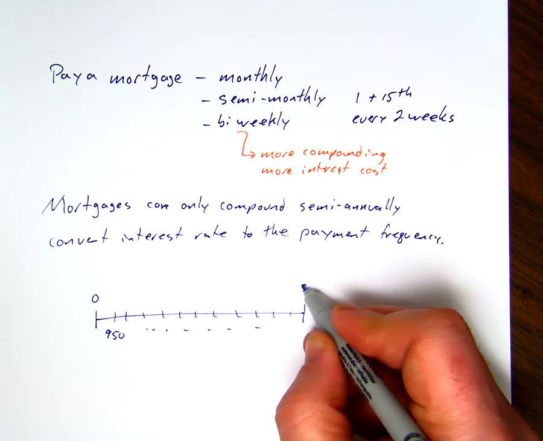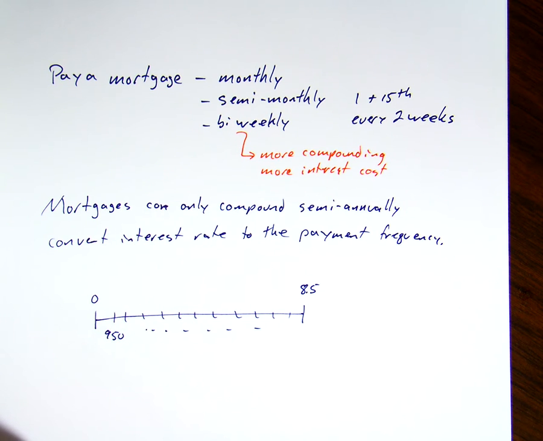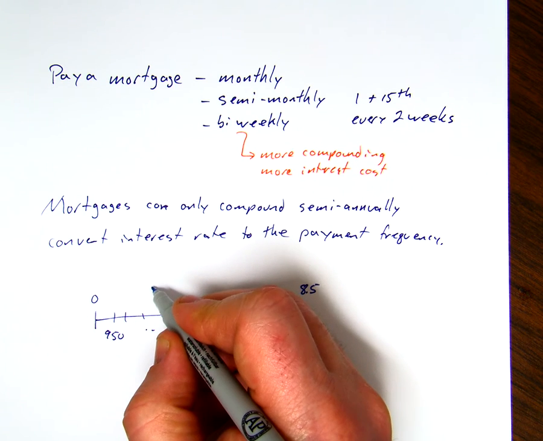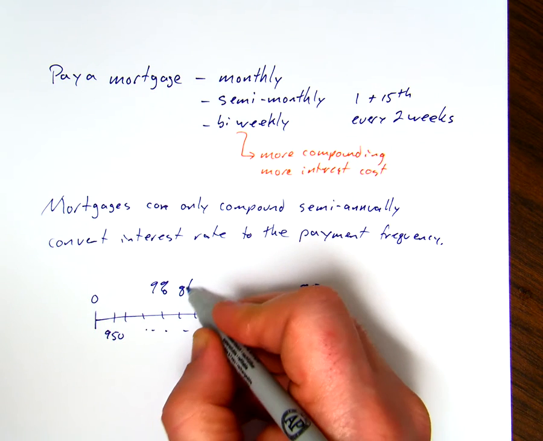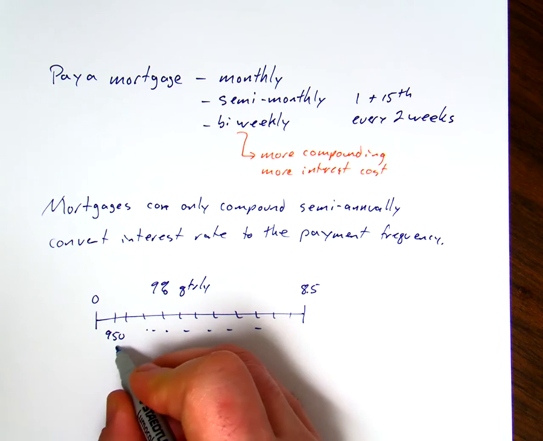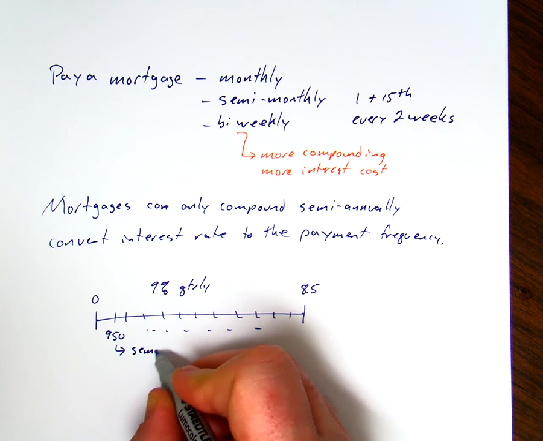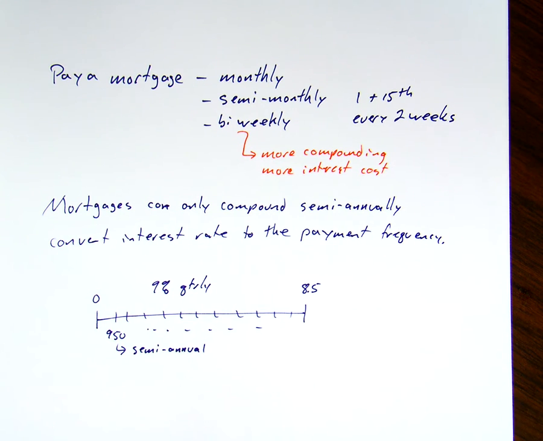This is year 0 and this is year 8.5. We calculate this compounded quarterly at a rate of 9%, but we have semi-annual payments. So we have semi-annual payments but a quarterly interest rate.